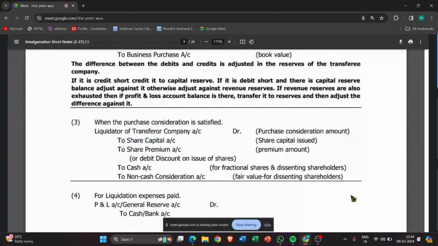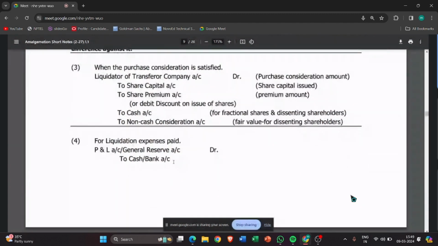So, purchase consideration is paid off. Then, liquidation expenses might be paid by the transferor company, which we've already seen. When the transferor company pays, it is written as expenses, realization to cash. But liquidation expenses of the old company might be paid off by the new company.